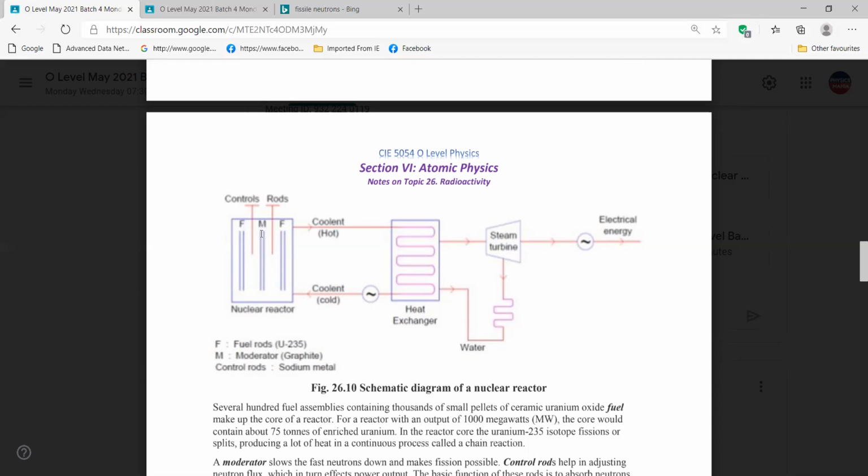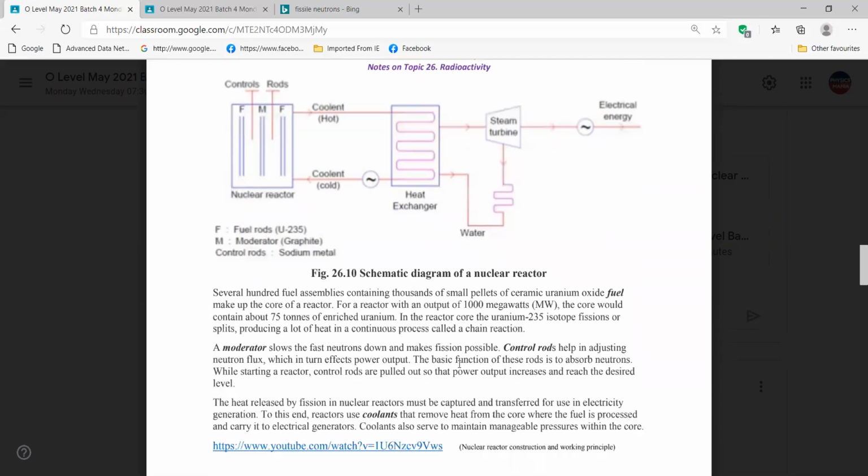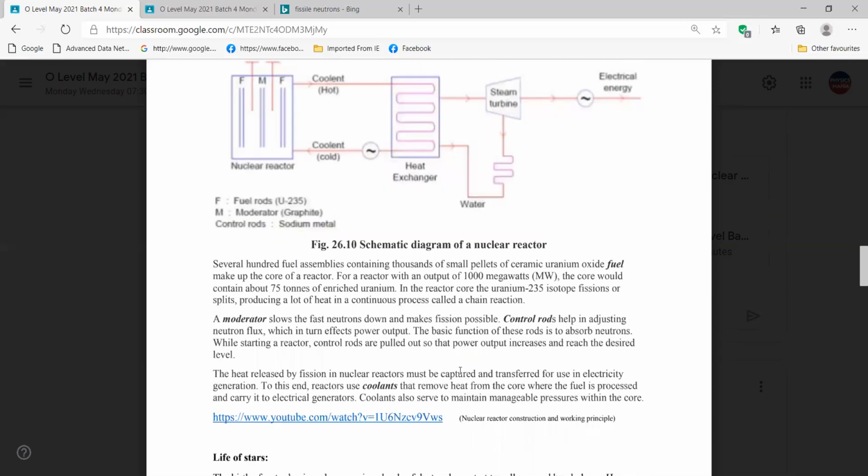Then we have the moderator, made from graphite. We are going to discuss why graphite. Can you read this part? A moderator slows the fast neutrons down and makes fission possible.